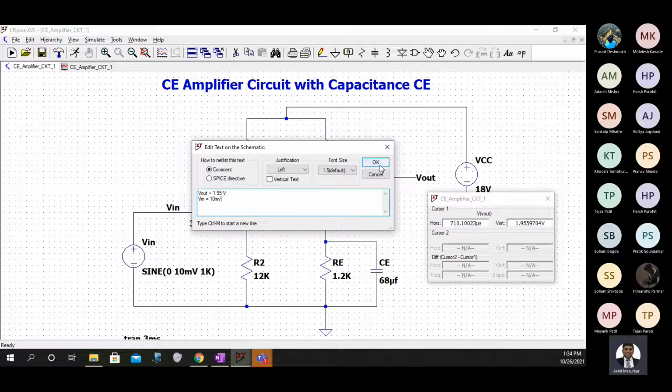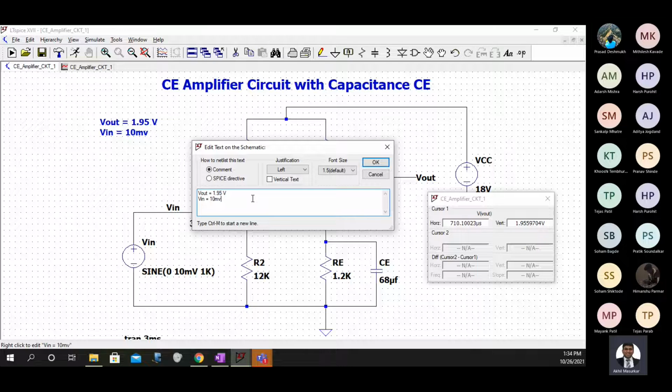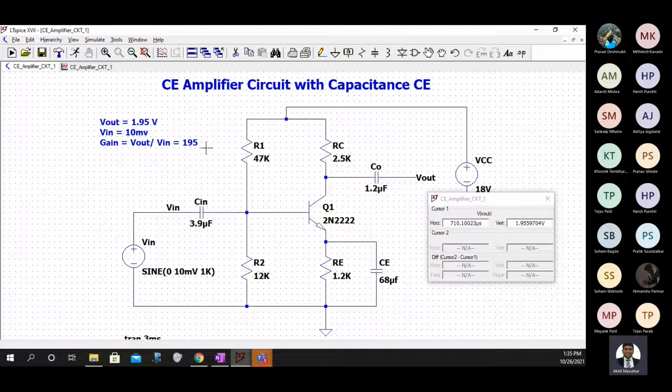So I say OK, and obviously gain would be Vout upon Vin. So that is going to be 1.95 upon 10 millivolts, which is going to be 195. So gain is going to be 195.